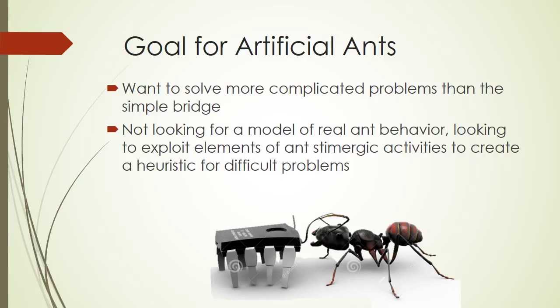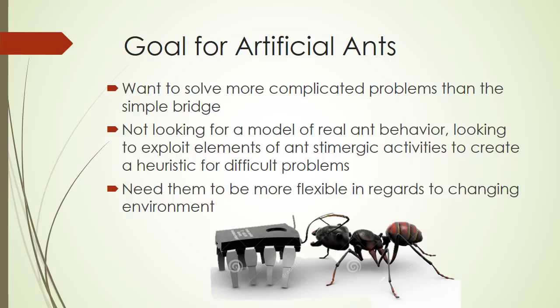What we're looking to do is exploit the elements of ant stigmergic activities, which can be so powerful, and create a heuristic that allows us to solve much more difficult problems. And we need them to be more flexible in regards to a changing environment so that they take advantage of that shorter path when it's presented to them.